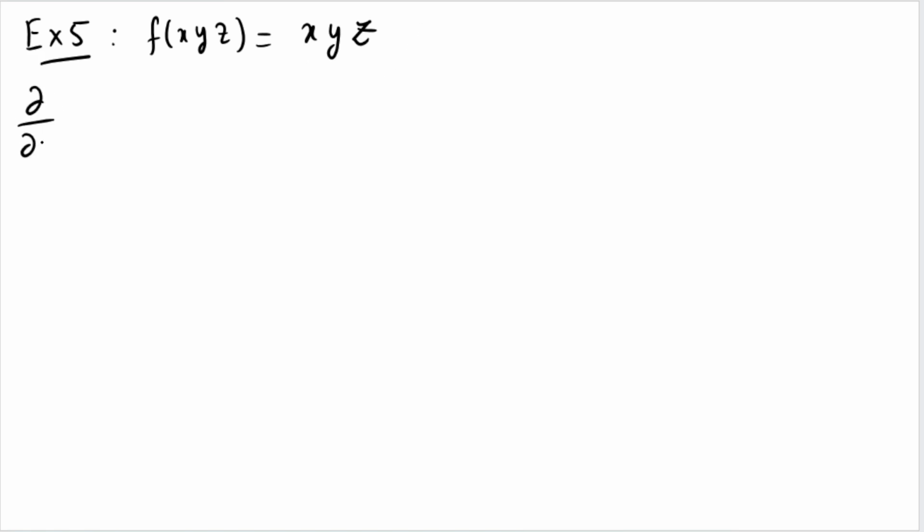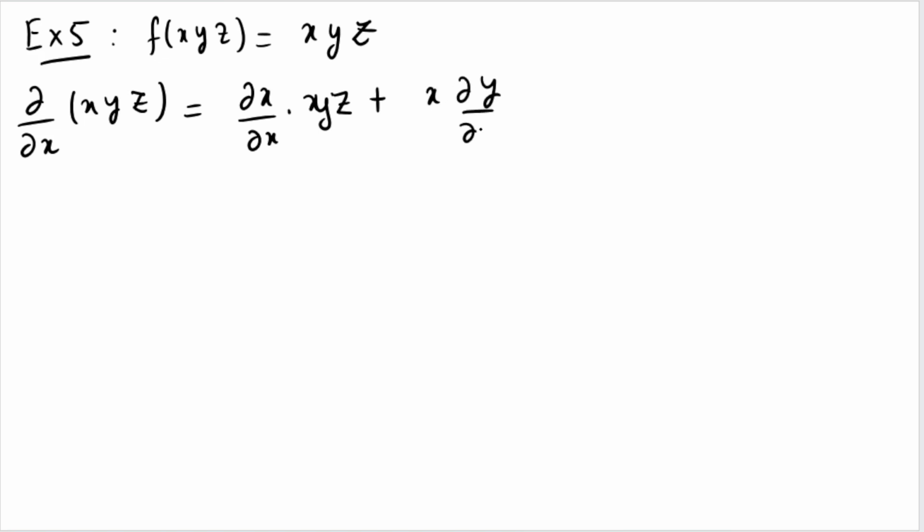So therefore we can write ∂/∂x of xyz. Now this can be written as ∂x/∂x times yz plus x ∂y/∂x times z plus xy ∂z/∂x.